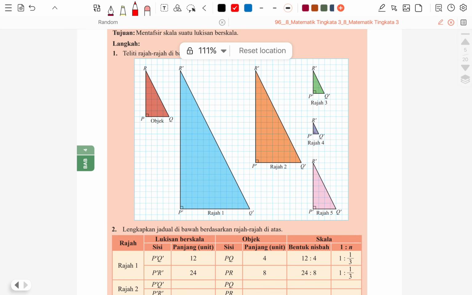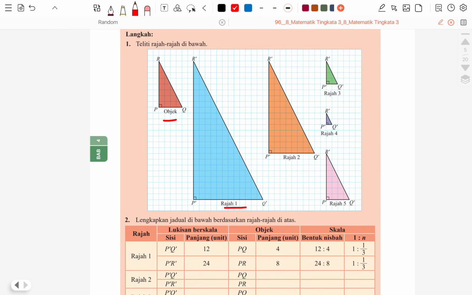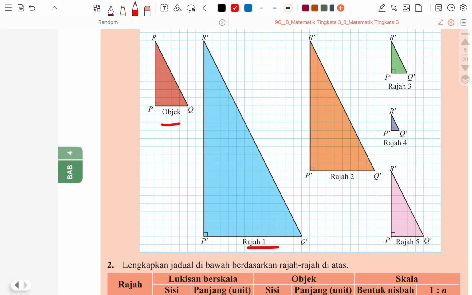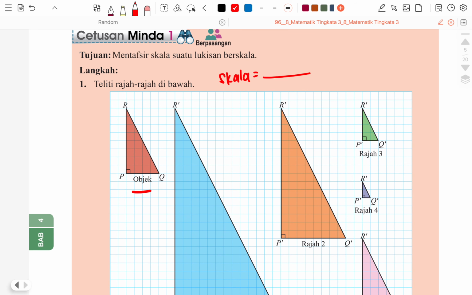So let's say you have Rajah 1 here, and then you have your object. If I want to determine the skala for this one, based on Rajah 1, use the formula skala equals to ukuran lukisan berskala divided by ukuran objek.